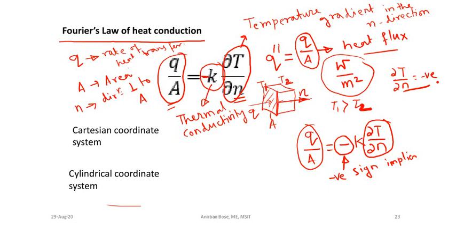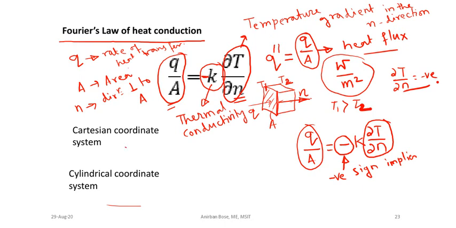Now coming to a very specific way, in the Cartesian coordinate system, what will this Fourier's law of heat conduction look like? I have already told you that heat flux is a vector quantity.